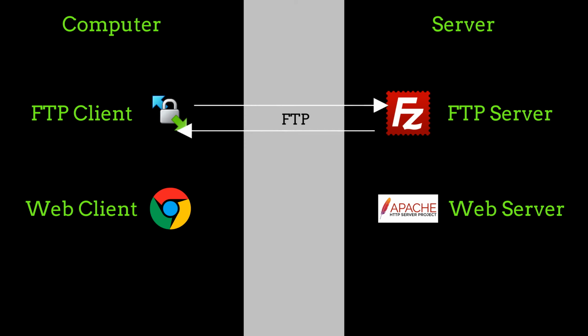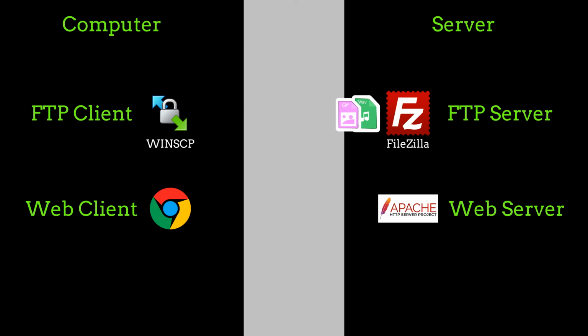For example, if two devices intend to communicate using the File Transfer Protocol or FTP, you would need an FTP client on your computer, like WinSCP, and an FTP server application, such as FileZilla Server, on the remote server. These applications understand the FTP protocol, thereby facilitating file transfers between your computer and the server.